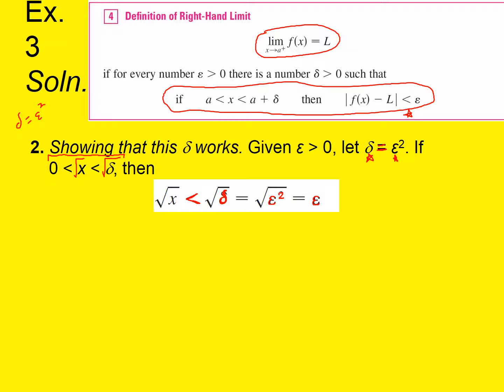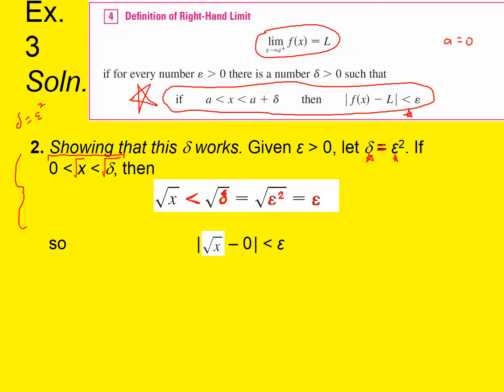a and a plus delta. In other words, x between 0 and delta, because again, a is 0. And so all we have to do is restate everything we've just said in this way, and that will show that we have proven the limit.